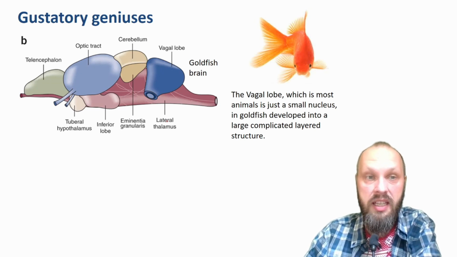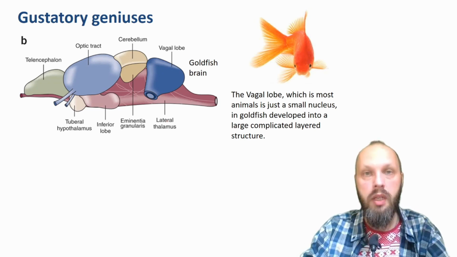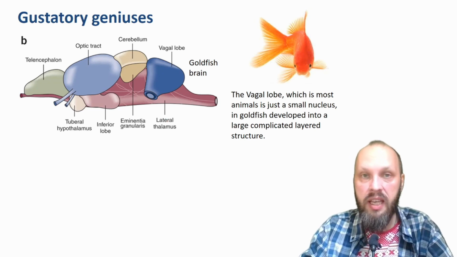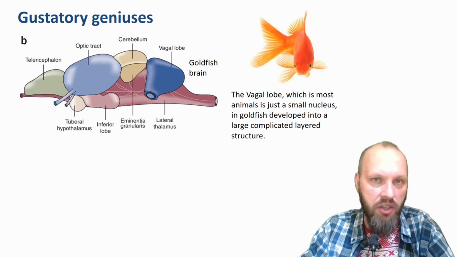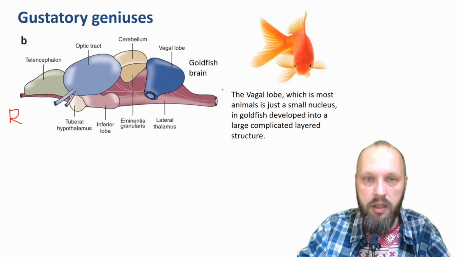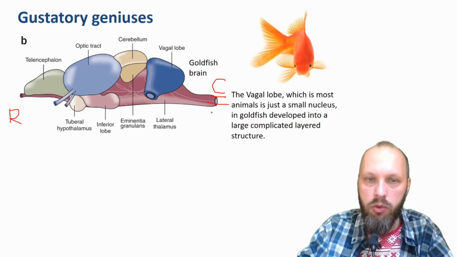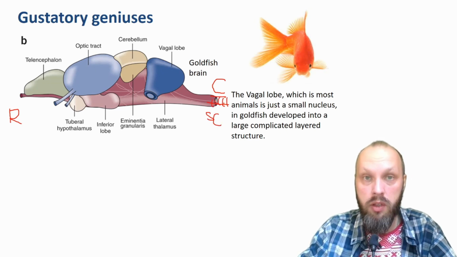And if you look at its brain, it has a part that most fishes and all other animals don't have, called a vagal lobe. So look at that. And again, I'm sorry that you have to engage with a picture of a brain before we actually discuss how brains look. But look, this part is rostral, so it's looking towards the head. This part is caudal, so it's looking towards the tail. This is actually a spinal cord, so this part is connected to the tube that's running along the fish's body.